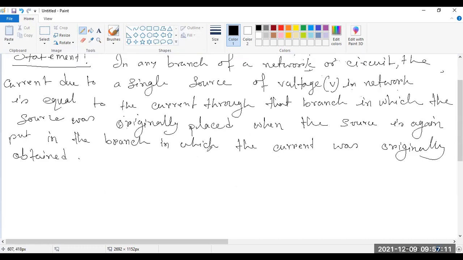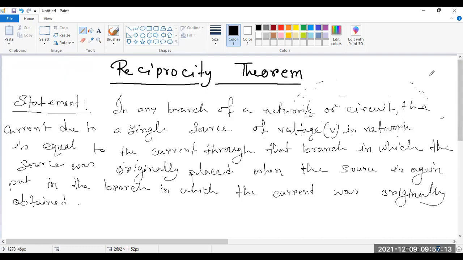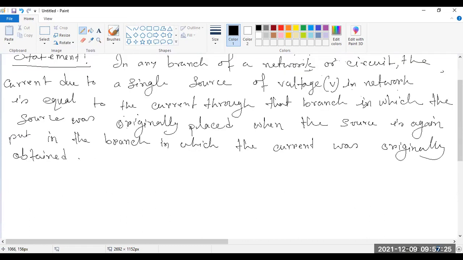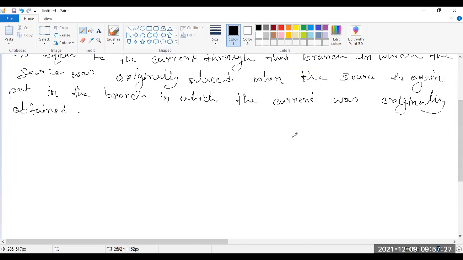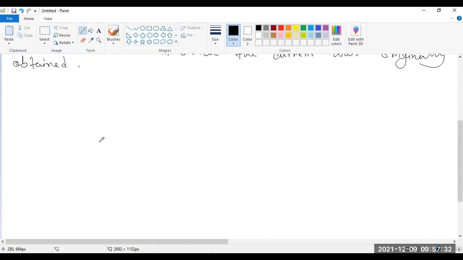So it will just replace the position of the source, then it will measure the current. Then it can examine that the source was replaced from another branch, but the current is the same as it was originally flowing when the source was originally placed. Okay, so this thing we can understand easily.